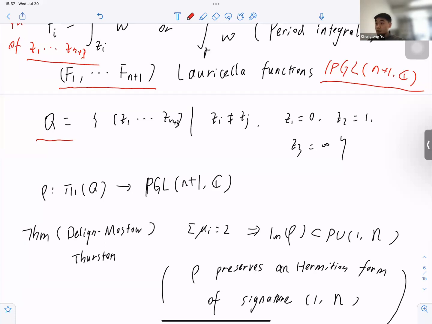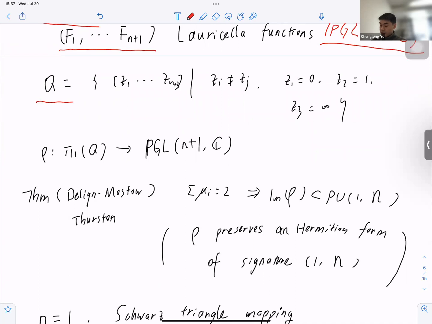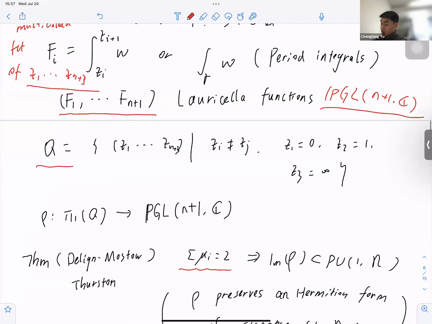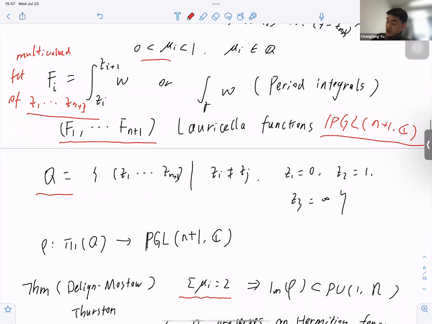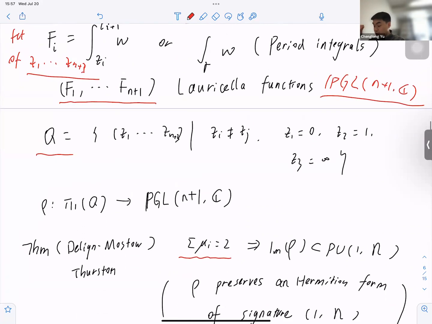They also have the spherical case or the flat case, but most examples appear in the hyperbolic case. So the hyperbolic case corresponds to the sum of those mu_i equal to 2. So if the sum of these rational numbers is equal to the integer 2, then the image of this monodromy representation will be a subgroup inside PU(1,n).